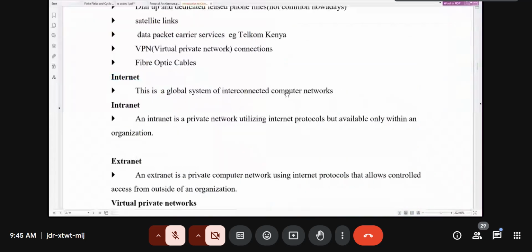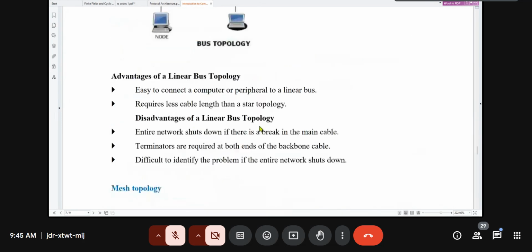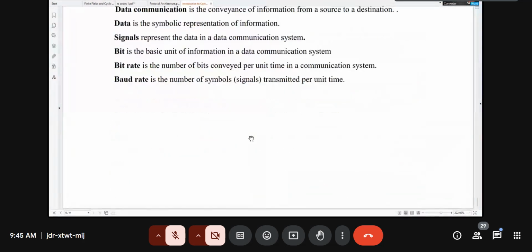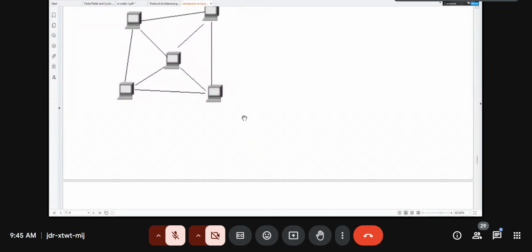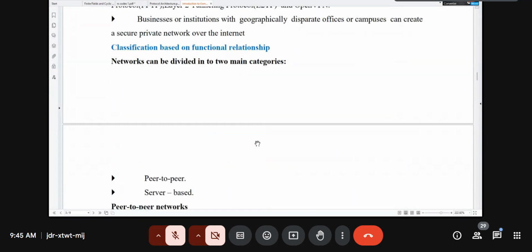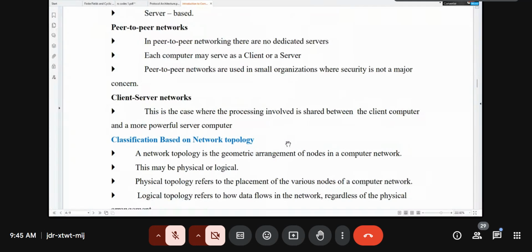It's a very basic summary of a computer network course, because most of the things mentioned in this unit, you end up going deep into them. So I think we will look at this next week, and then we'll go to the OSI model.